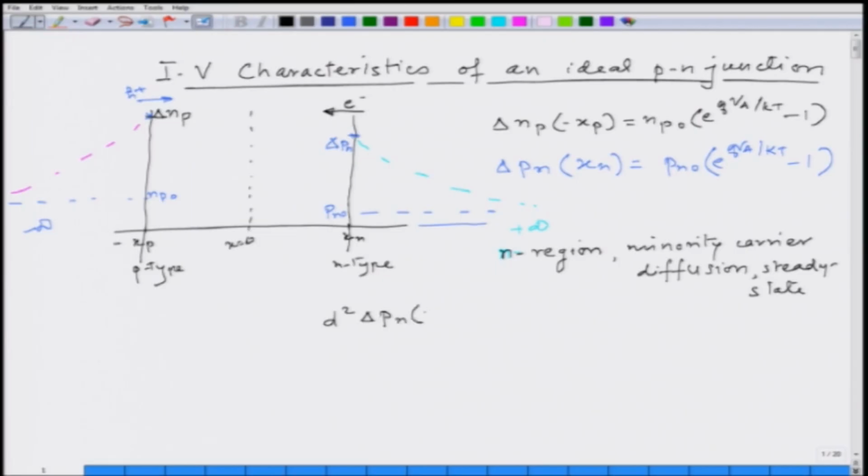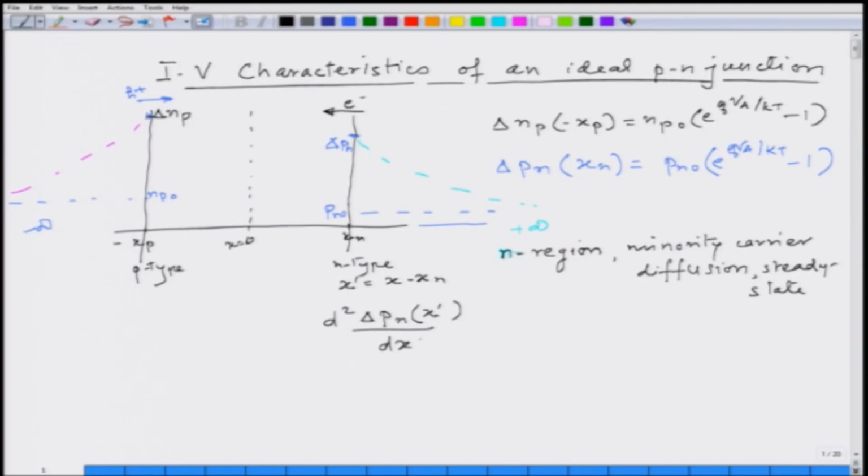I am going to make some change in the reference. Instead of writing it in x, I am going to write it in x prime, where x prime is a new scale which is x minus x n. So, basically I am shifting the origin from 0 to x n, and that just helps in writing the solution in a friendlier form.